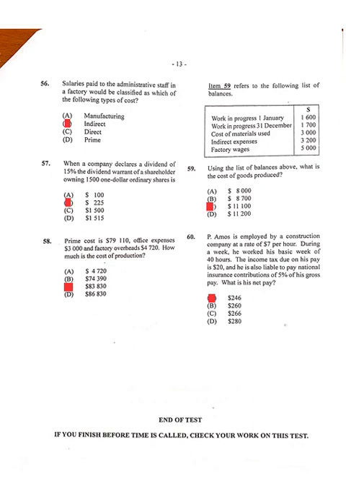And for number 60, Amos is employed by a construction company at a rate of $7 per hour. During a week he works his basic week of 40 hours. The income tax due on his pay is $20, and he's also liable to pay national insurance contribution of 5% of his gross pay. What is his net pay? So we find the gross pay first. He works 40 hours at $7, so that's 4 7s are 28, $280.